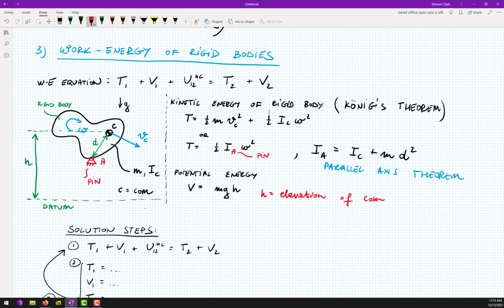Or in some countries, this is called Steiner's theorem. For some reason in US, you don't like naming theorems after somebody. I don't know why. In my country, all the theorems are named after somebody, like Steiner's theorem, for example, or Koenig's theorem.